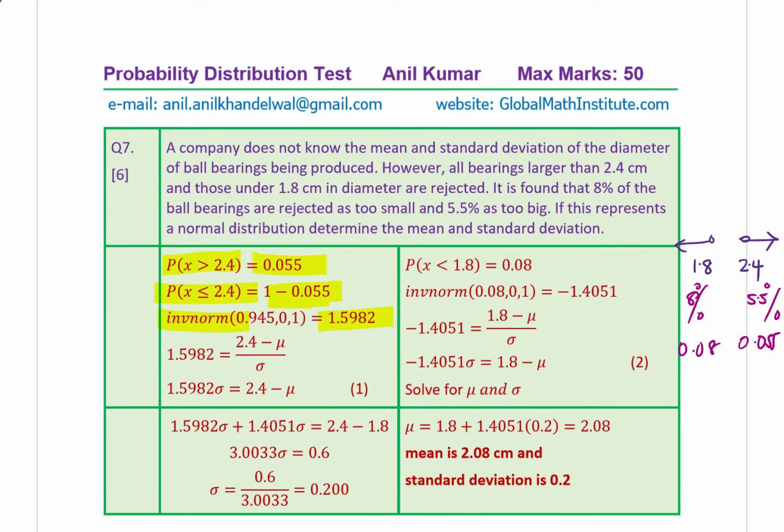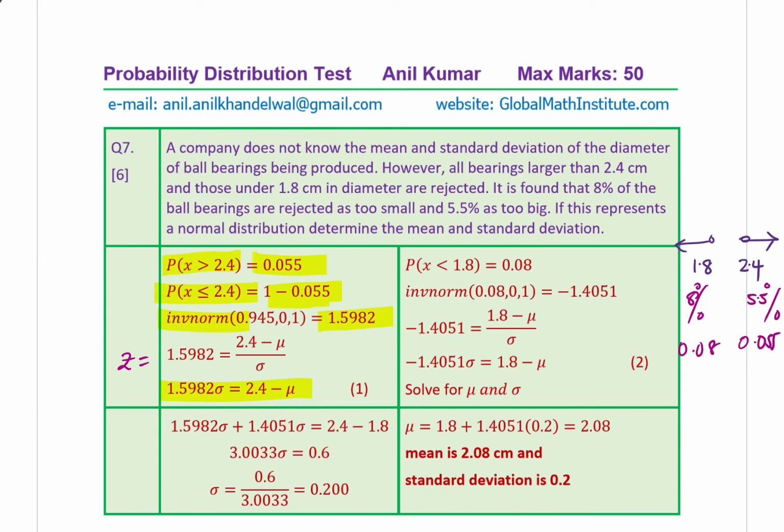And this gives you the z value, right? So the z score is there. So we got the z score by the inverse function in this particular situation, and that gives us our equation number one.